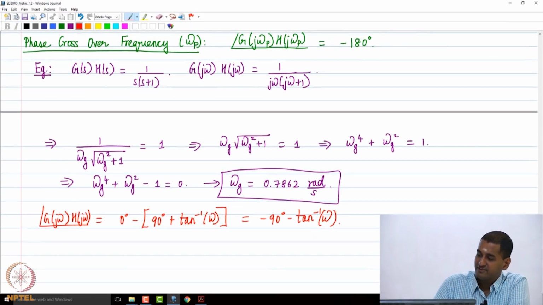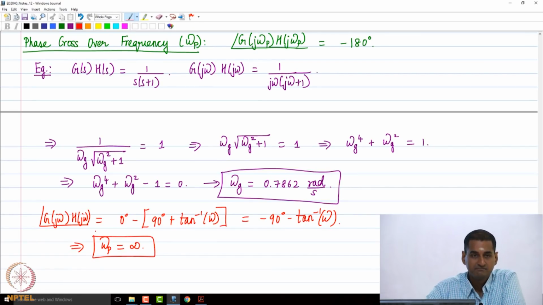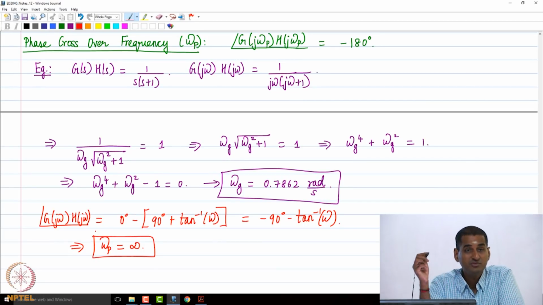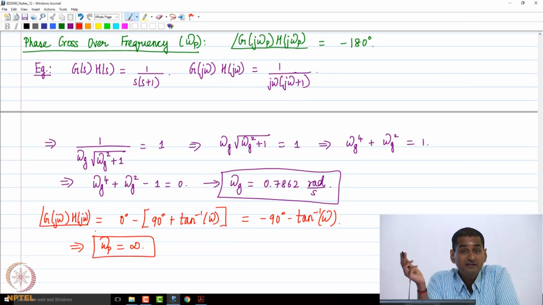So, when will this phase become minus 180 degrees? That means tan inverse of omega p should be 90 degrees, right. When will that happen? Only when omega tends to infinity. So, my phase crossover frequency is infinity.